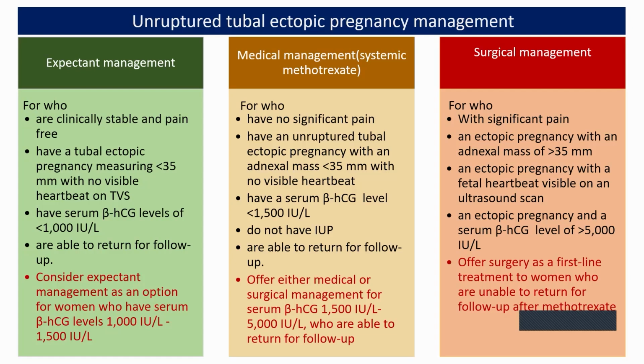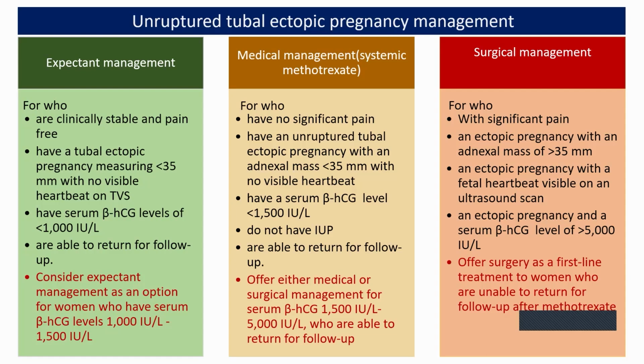But if we diagnose ectopic pregnancy before it's ruptured, and if the patient is hemodynamically stable, the management depends on several indications. So we can use expectant management, medical management, or surgical management. So I will go through the surgical management first.